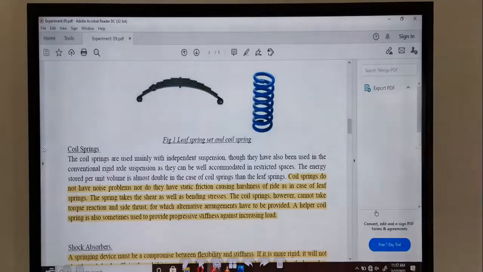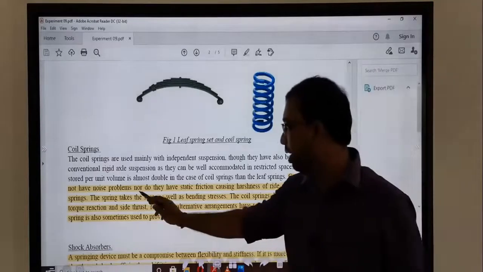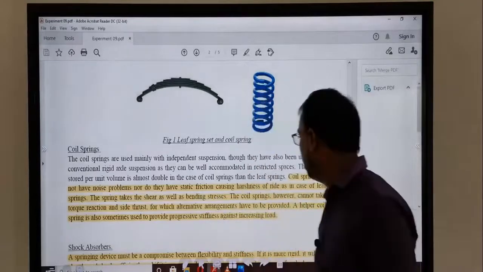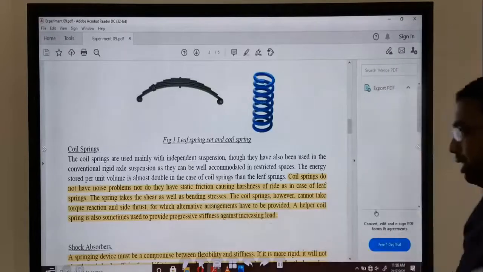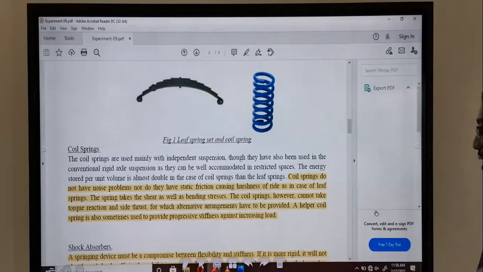Coil springs do not have noise problems, nor do they have static friction causing the harshness of ride as in the case of the leaf spring. They do not create or produce any noise.